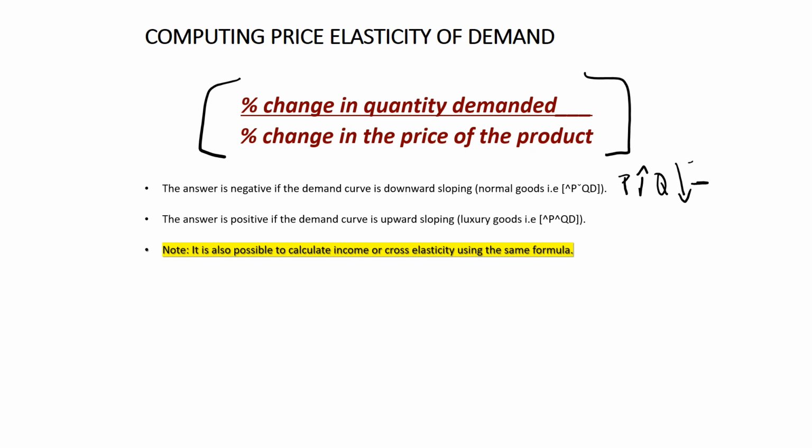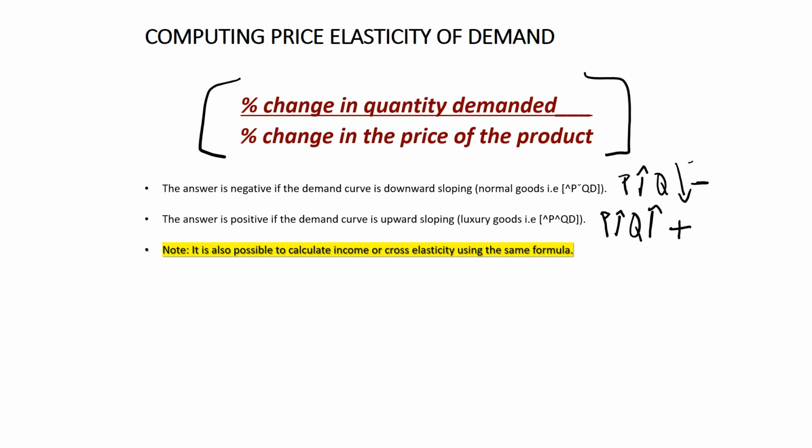We said this relationship is positive for luxury goods when you have an upward sloping curve. So remember what happens for luxury goods: price goes up, quantity demanded also goes up. So the demand curve is upward sloping and you have a positive relationship between price and quantity.